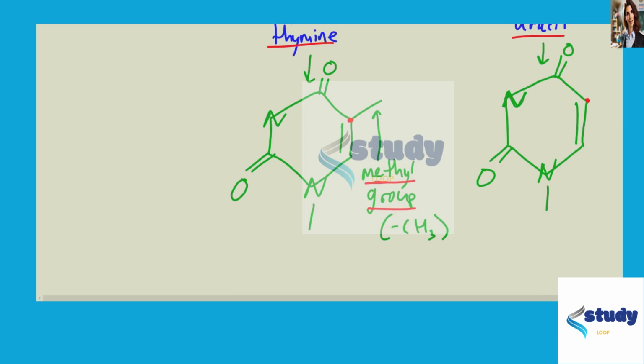So in answering this question, we have to remember this concept that if we are to methylate uracil, or in other words, the methylation of uracil yields thymine.